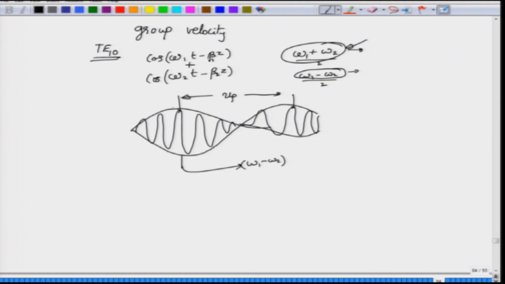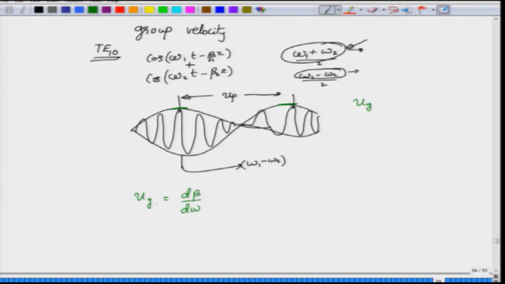However, if you are interested in knowing the rate at which this particular peak is moving, or in some sense the envelope is moving, this entire slowly varying envelope, that velocity will actually be UG, or the group velocity, okay. And you can show by some detailed analysis, which we are going to skip now in the interest of time, that this UG can actually be given by the derivative of beta with respect to omega, okay.